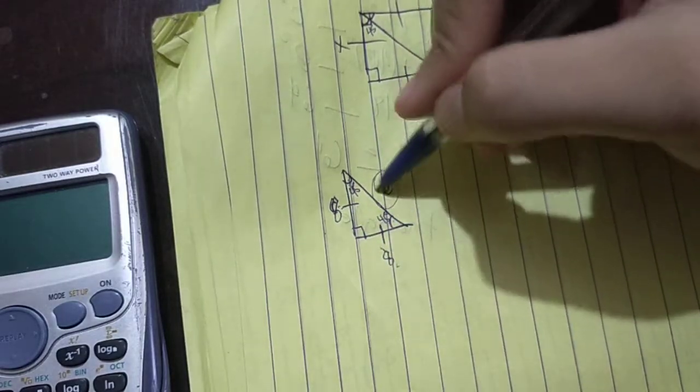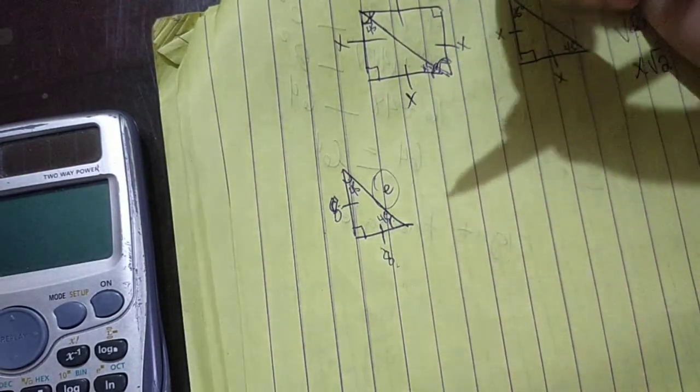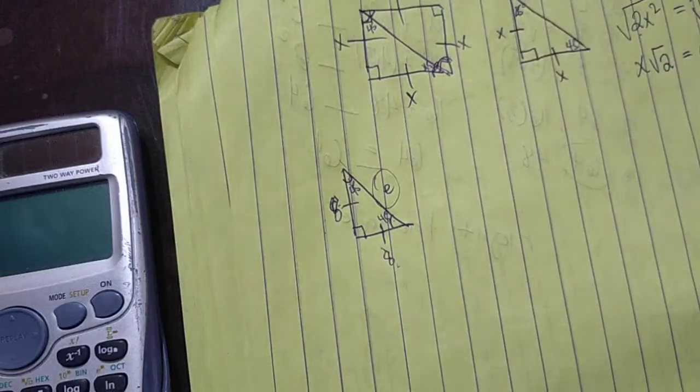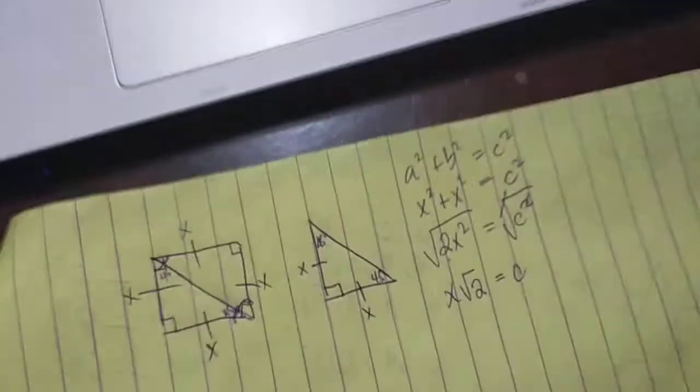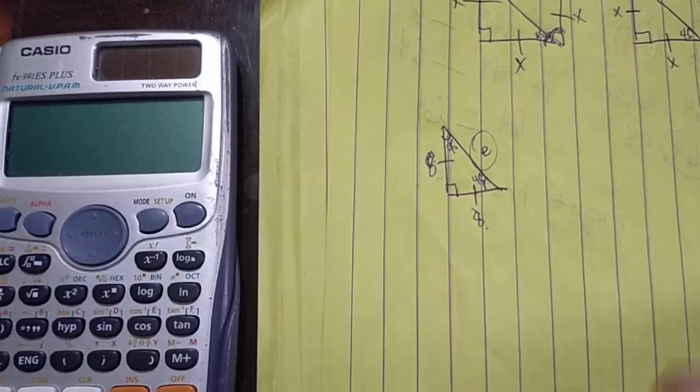So 8 and 8. We're looking for E, the hypotenuse. Are we going to use the Pythagorean theorem? No need, kasi mahaba yan. The shortcut is to focus on this one.